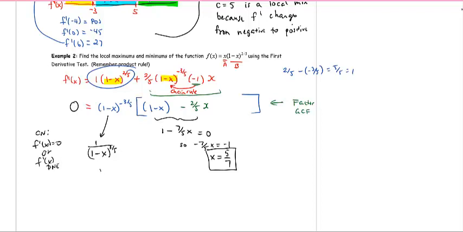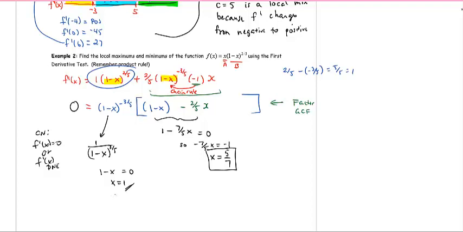So I actually can make 1 minus x equal to 0 because that's a point where it does not exist. So x equals 1. It is a critical number, but it might not be a max or min. How come? Well, I don't know. We'll find out soon. It could be. We'll see.